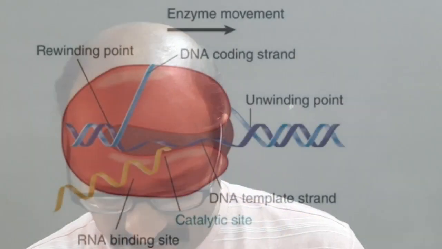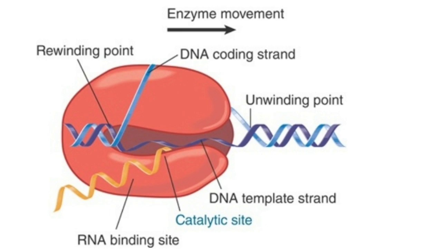Move to this picture. This picture shows the events at the time of the elongation process: how the DNA enters the catalytic site, and from the catalytic site how the RNA and the template and non-template strands of the DNA leave the RNA polymerase enzyme. So kindly think about how many channels the active site of this enzyme needs.